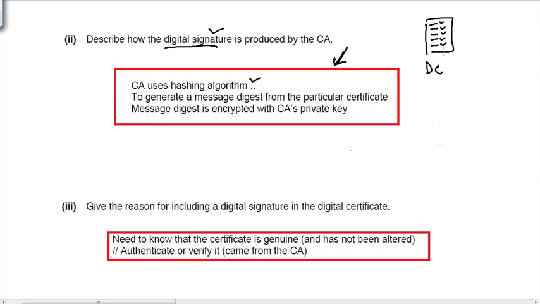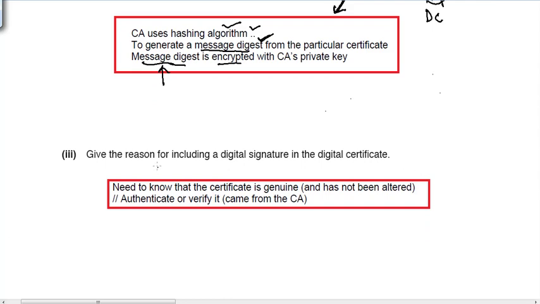When all of these things are hashed, when a hash value of all of these things is obtained by the certification authority, that is called the message digest. So that's what he's saying. First, the CA uses a hashing algorithm. As a result of this hashing algorithm, a message digest is produced, and then that message digest is encrypted. So I hope you understand what a message digest is. It's a hashed value of data items that are part of the digital certificate in this example.